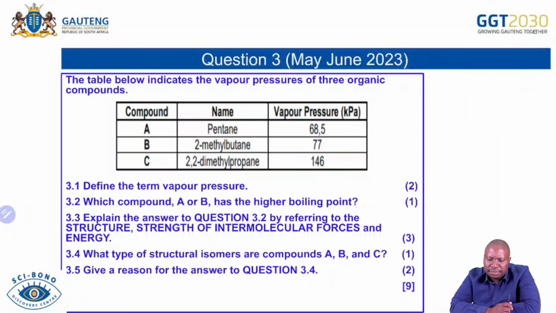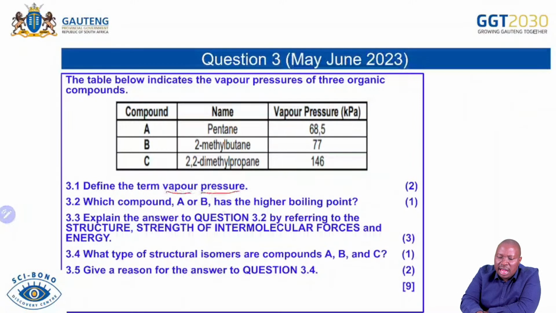The first thing, as we indicated, is definitions, please, and we are using the exam guideline to do our definitions. So please spend time doing your definitions. Define the term vapor pressure. Remember what we said: it's a pressure exerted by vapor. So take it from the name there.